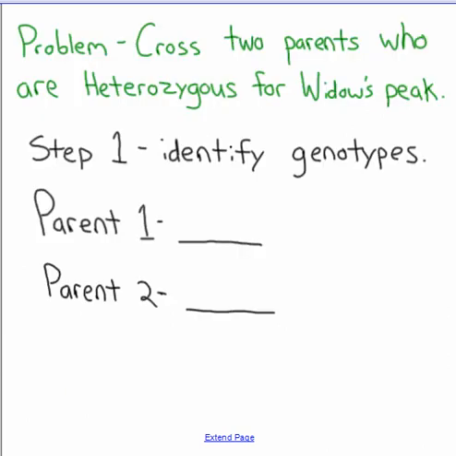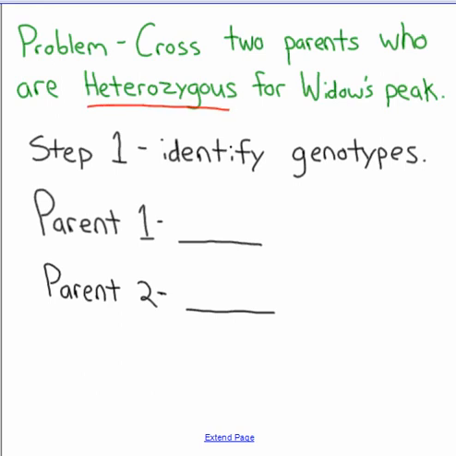Whenever you're doing these problems, your first step when doing a Punnett square is identify the parents. So you usually get these problems in words, like saying that both parents are heterozygous. So you need to figure out what their genotypes are, and for their genotypes, you should have two letters.